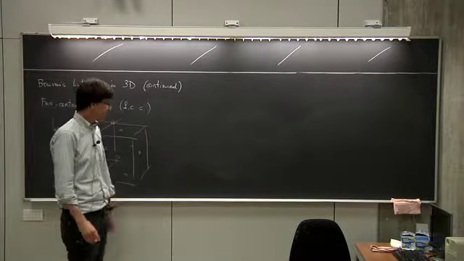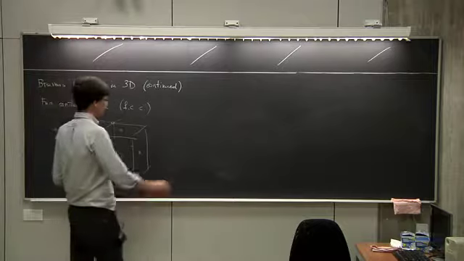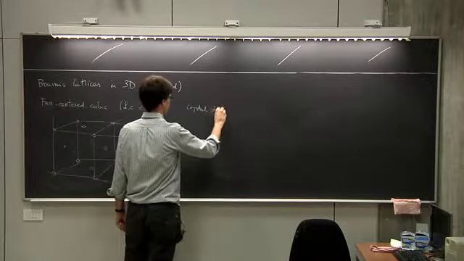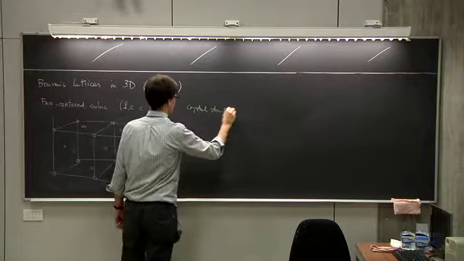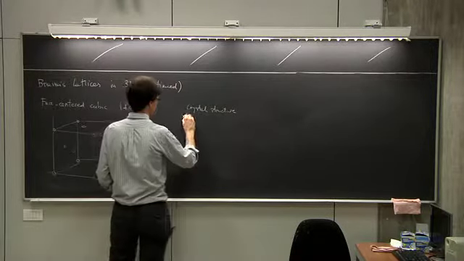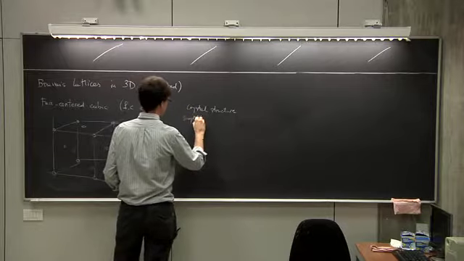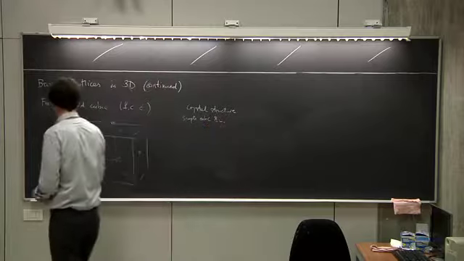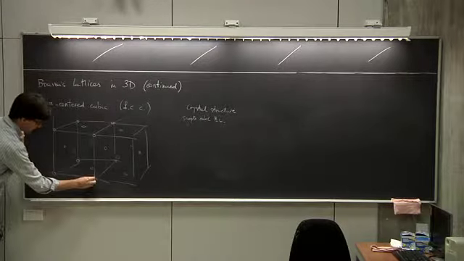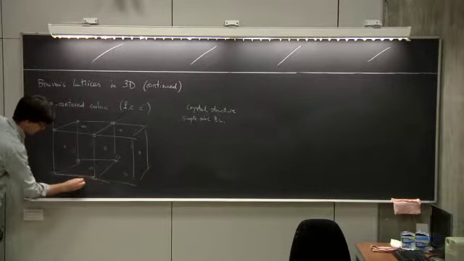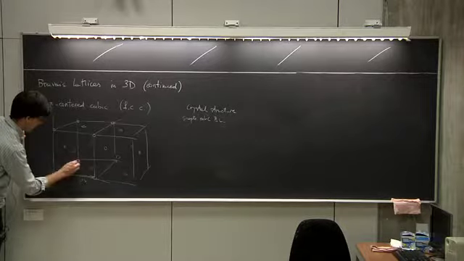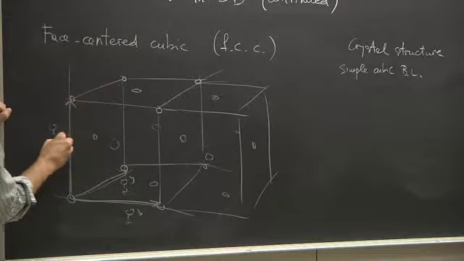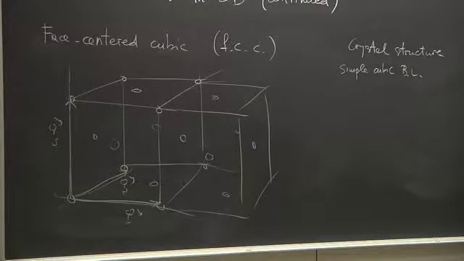Once again, I can describe this as a crystal structure made of a simple cubic Bravais lattice. The primitive vectors are the simple cubic primitive vectors, A1, A2, and A3, right?